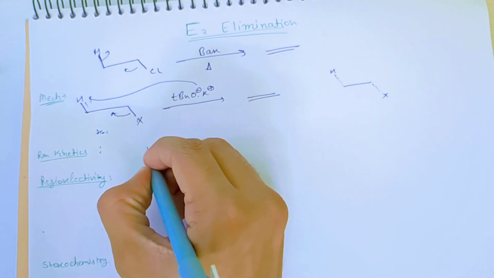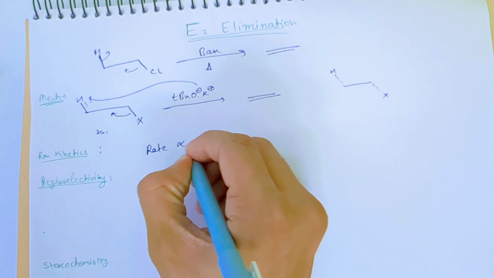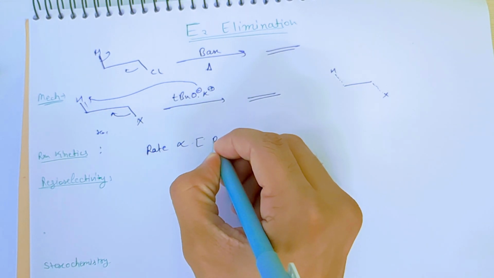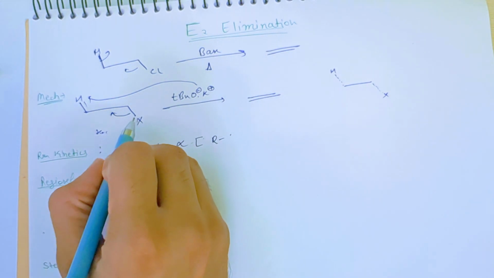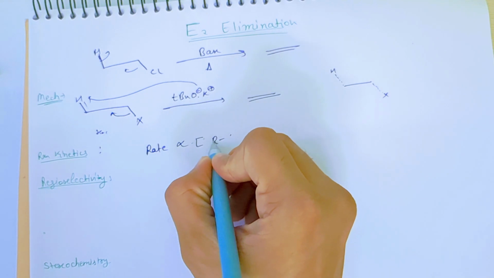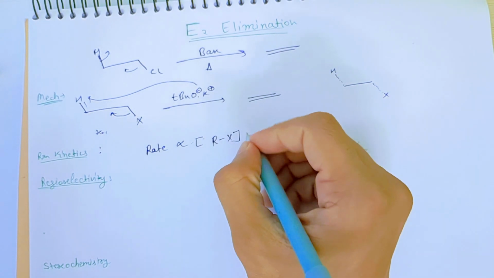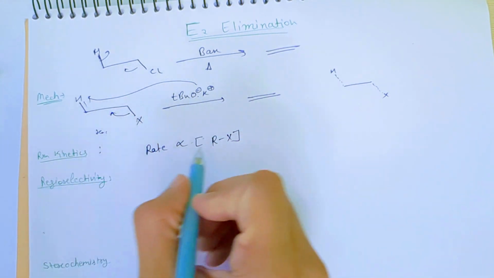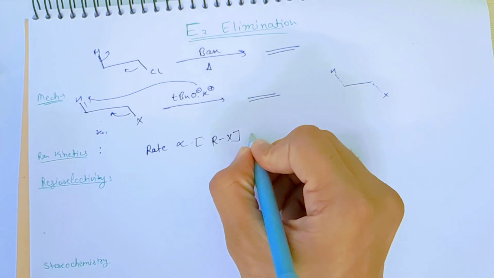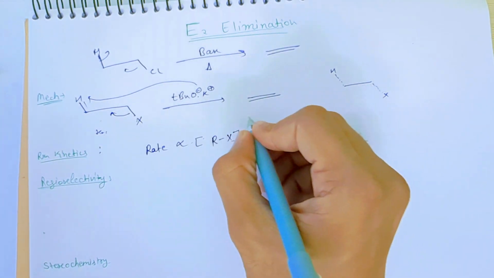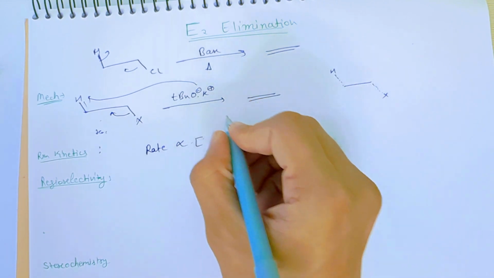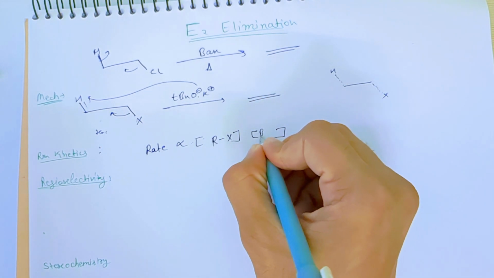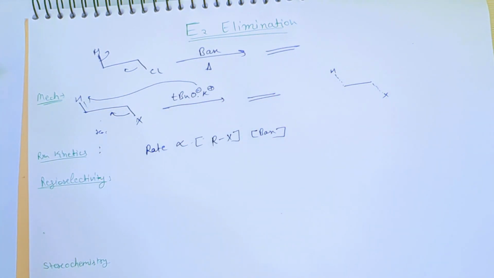That's why we can say rate is directly proportional to the concentration of substrate times the concentration of reagent, that is the base we used here, tertiary butyl oxide.